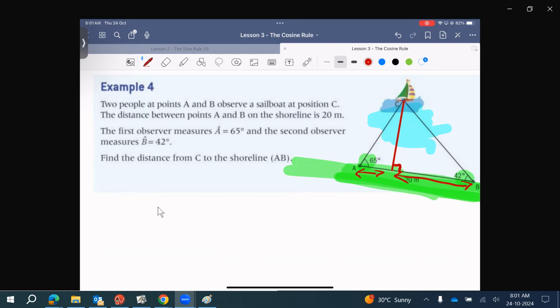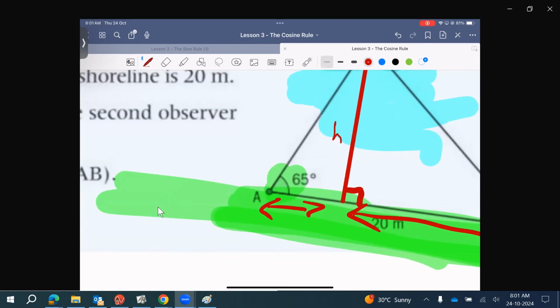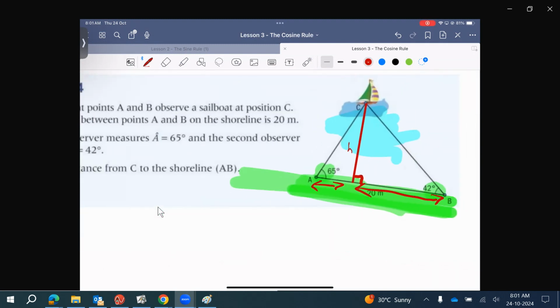So in order to find this height here, we need to use SOHCAHTOA. So we're going to need to find one of the lengths of these sides. We'll find this hypotenuse. In order to find that hypotenuse, we need to use the sine rule.